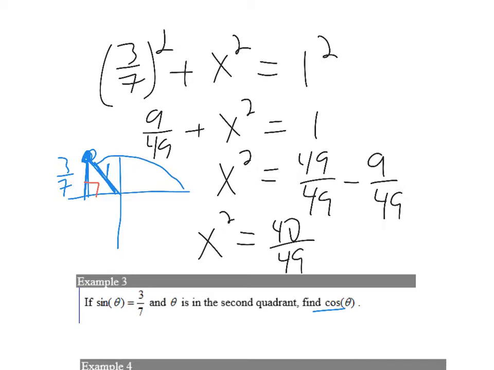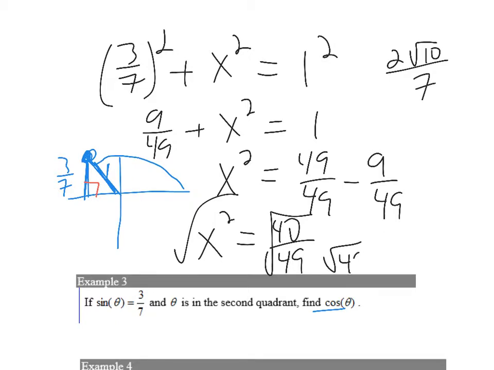Now I'm going to take the square root of this. And the square root of 40 I can think of as 2 square roots of 10, because 4 times 10 is 40, and the square root of 4 is 2. Over 7, because when I take the square root of a fraction, I can take the square root of the top and the square root of the bottom.